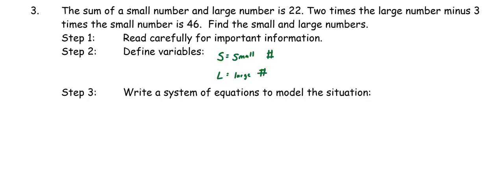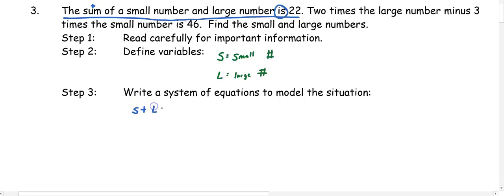Now, each sentence is telling us something about our equation. So we have the sum of the small and large number is 22. Remember that the word "is" is always an equal sign, and that sum is addition. So if we add those two numbers together, the small number plus the large number, it's going to equal 22.